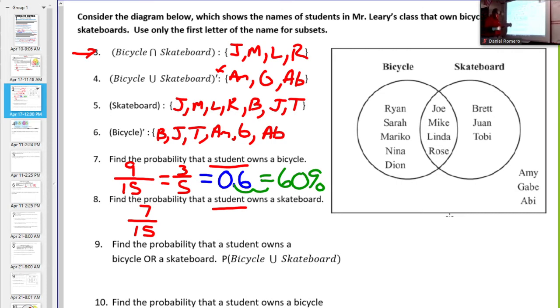As a decimal, you gotta see how many decimal places they would tell you, but I'm gonna assume 4. So 0.4667. And then as a percent, approximately 47%.